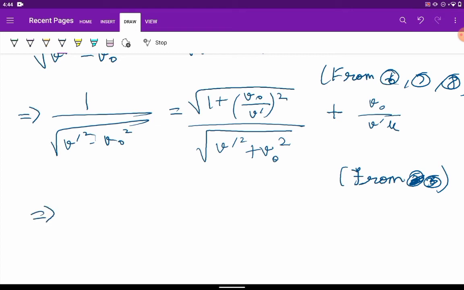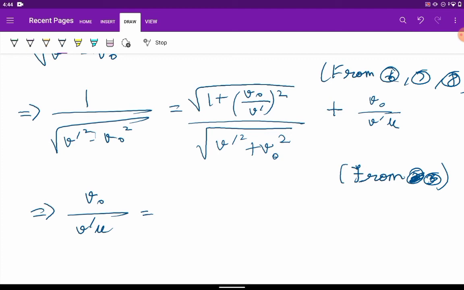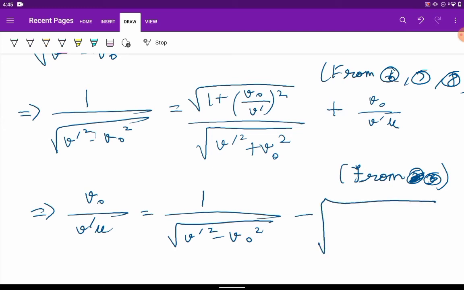Alright, so we'll just gather u on one side, v naught by v dash u. So that is equal to 1 by root over v dash square minus v naught square minus root over, so I'll just multiply within the square root only. I'll try to solve it.